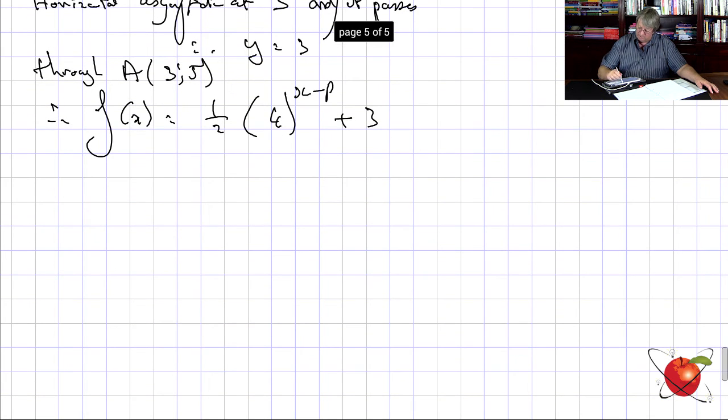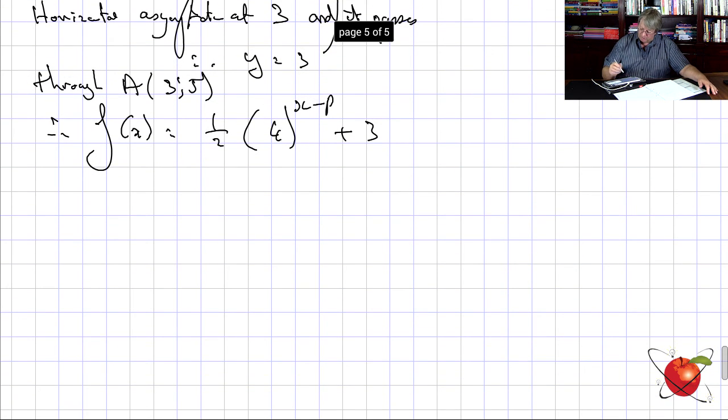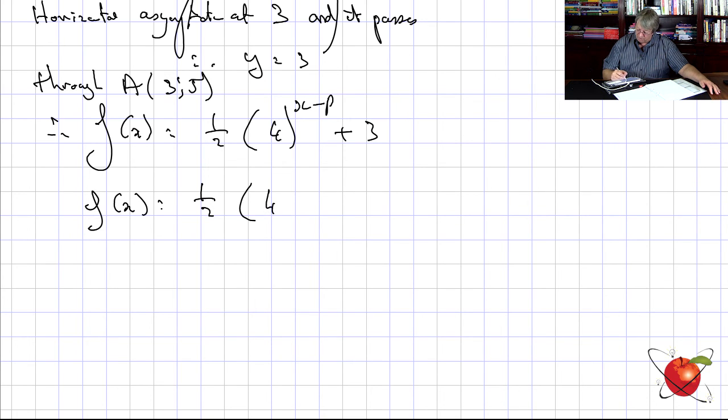There we go again. f of x is y, so y is 5, which equals a half times 4 to the power of 3 minus p, plus 3. These are all going to be the same. Basically, you're going to put in the asymptote because they'll give it to you, and you're going to find the p from that point.